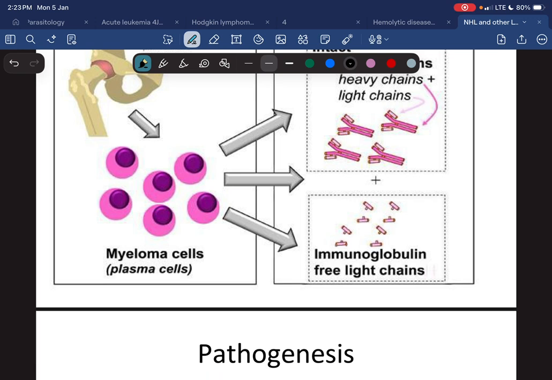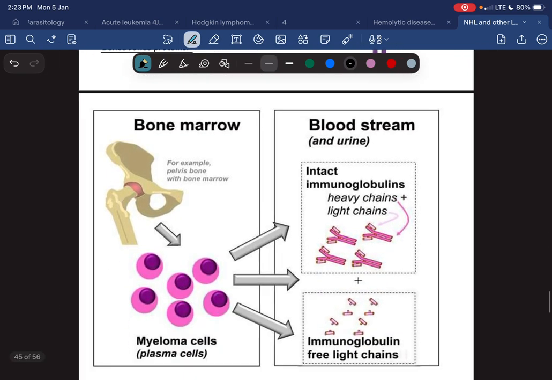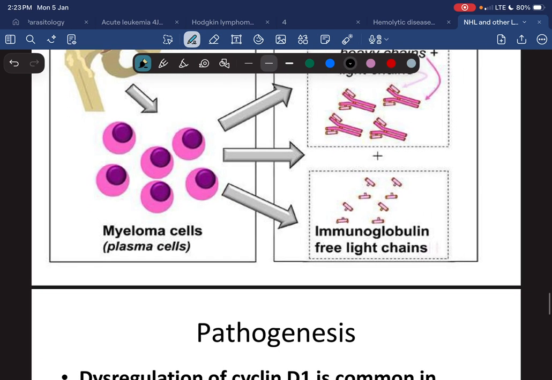When we have lysis of the bone, it will be vulnerable to fractures, pathological fractures, and this lysis will lead to what? Increase of what? Calcium. So we'll have hypercalcemia. Which type? Dystrophic or metastatic? It will be metastatic calcification. Also we will have suppression of the normal hematopoietic elements in the bone.